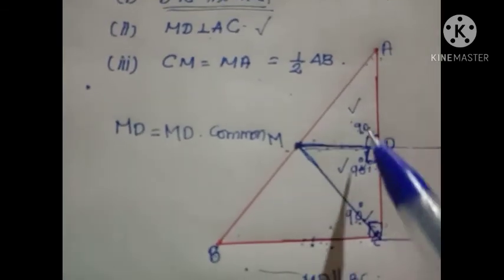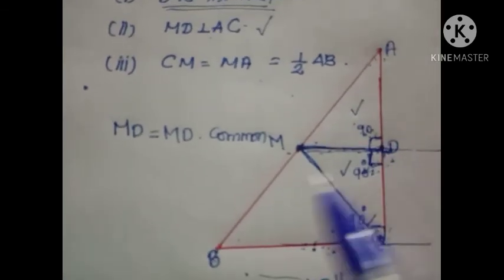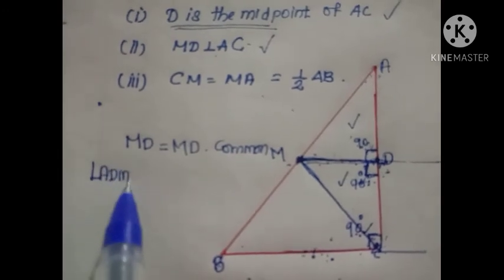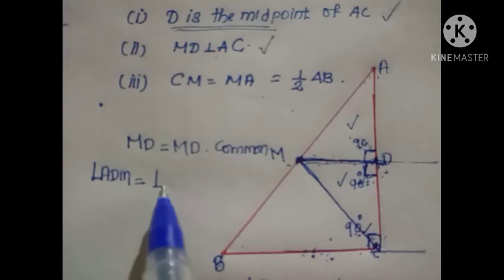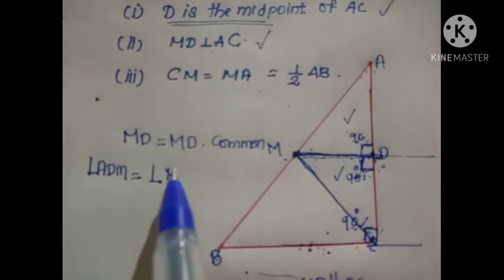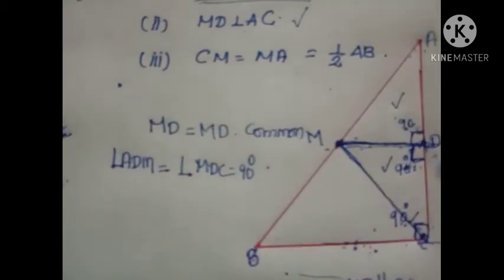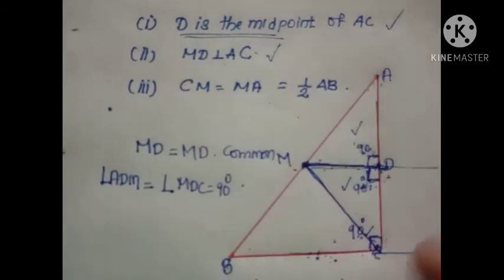Now what about these two angles? These angles are 90 degree. So angle ADM is equal to angle MDC. Both are equal to 90 degree. We proved. Now listen here, D is the midpoint of AC.